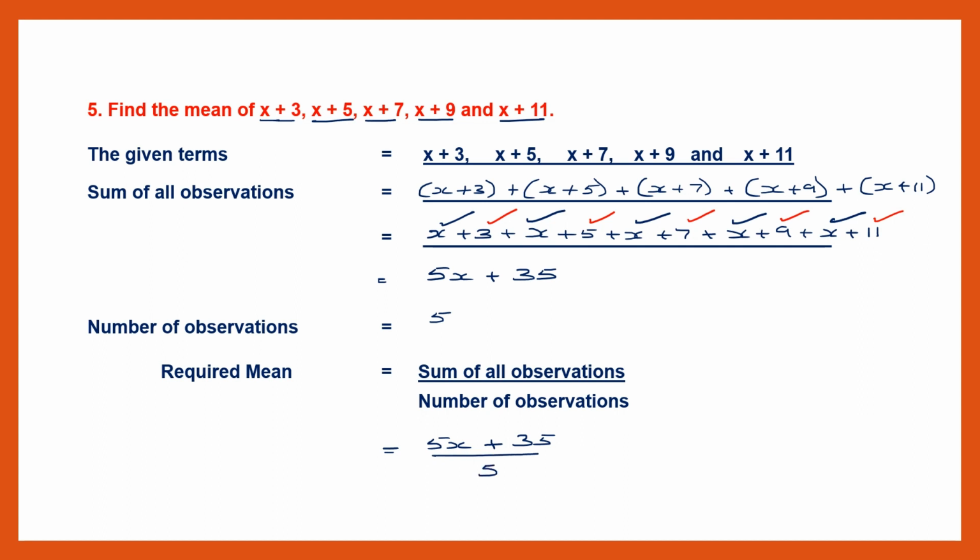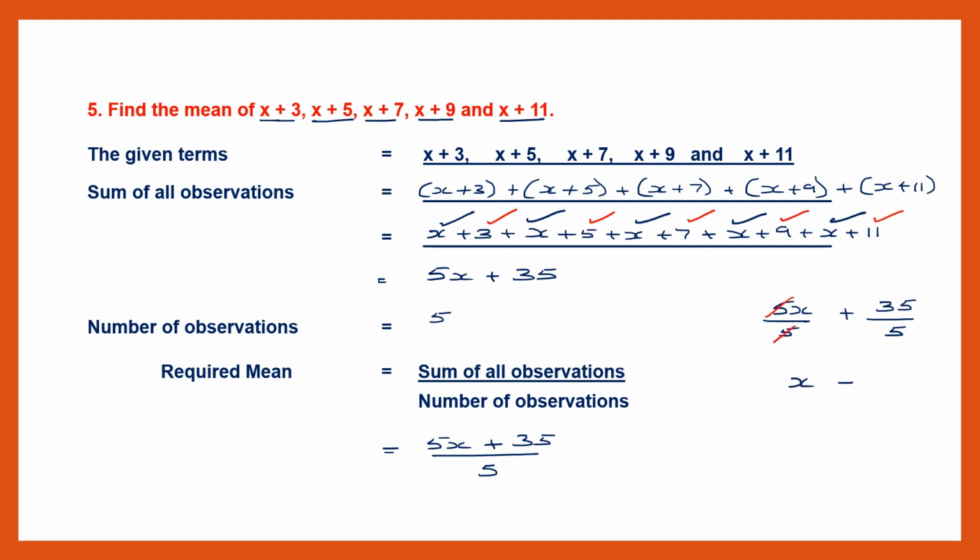Now we have learned this earlier in class 6, isn't it? So when you do this division, you have to do 5x divided by 5 plus, each term you have to divide by the divisor here. So 5x by 5 plus 35 by 5. When we do 5x by 5, we can cancel 5 and only the variable is left.